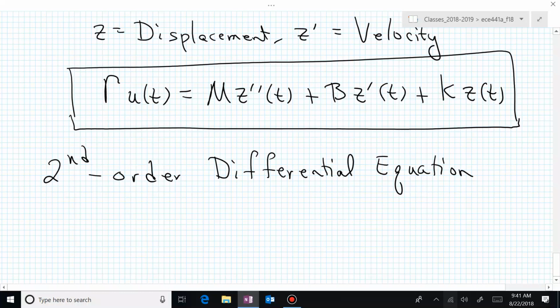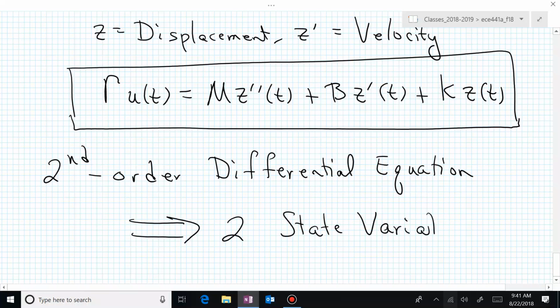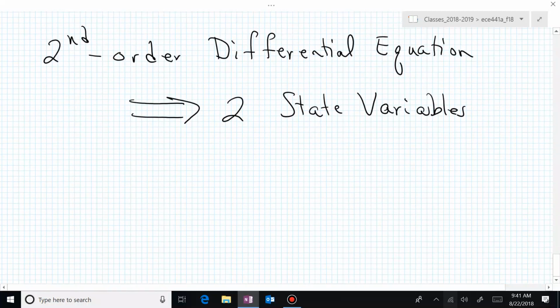And I'm sure you can't guess how many state variables I'm looking for since I have a second order differential equation. I'm looking for 2. So now I'm looking for 2 state variables. And these state variables actually possess all of the state or all of the information about that dynamical system.